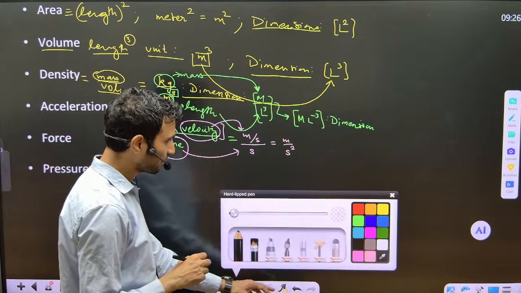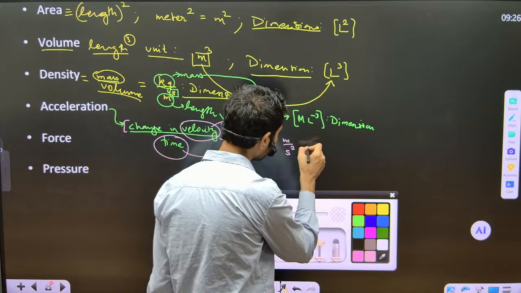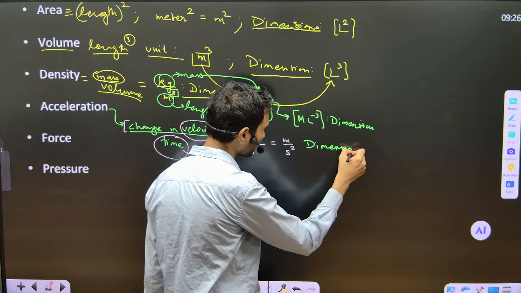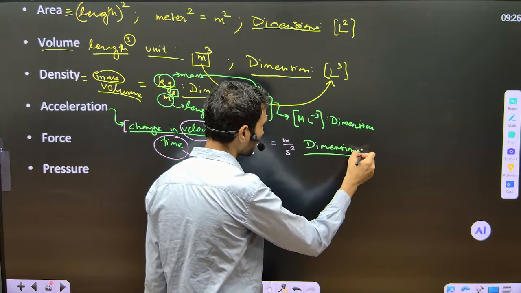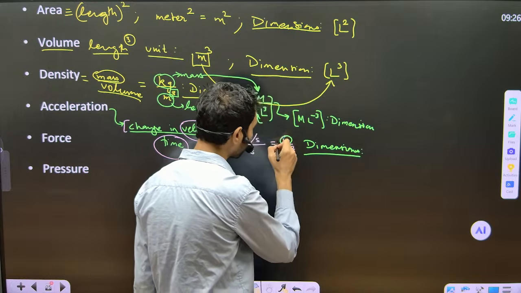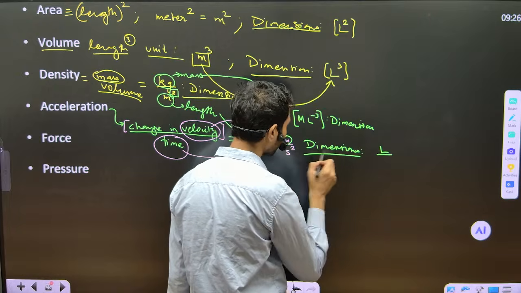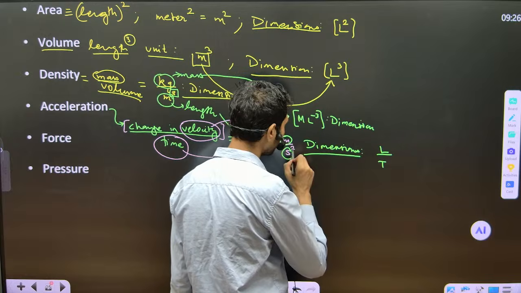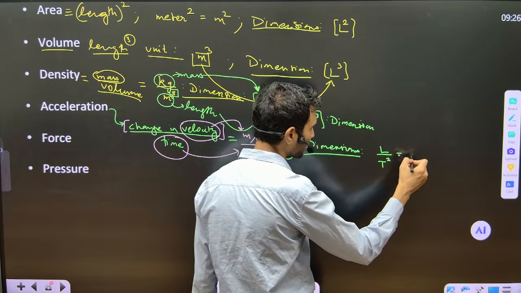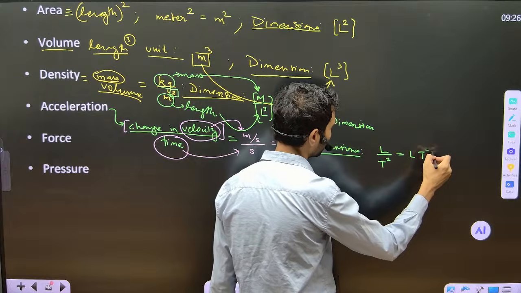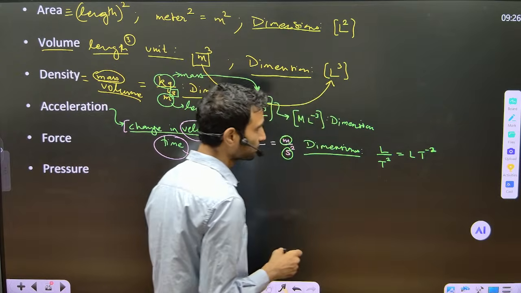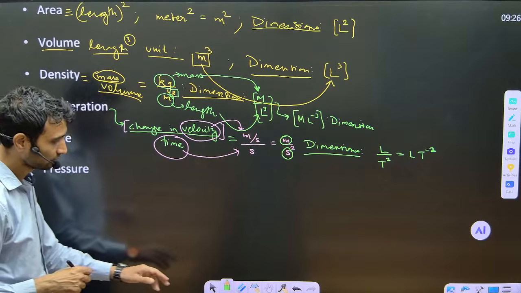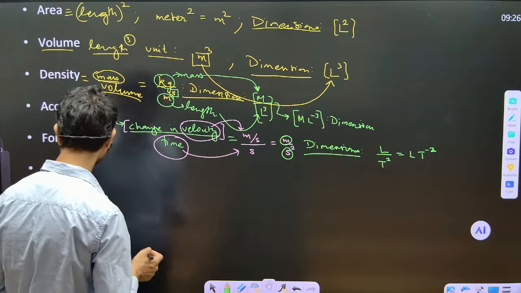And speaking of dimensions, meter means length and second means time. So that becomes T square. So that is LT to the power minus 2. That's acceleration for you.